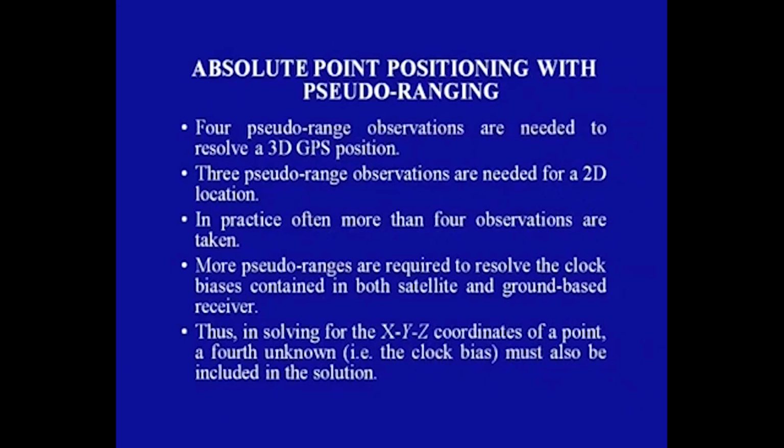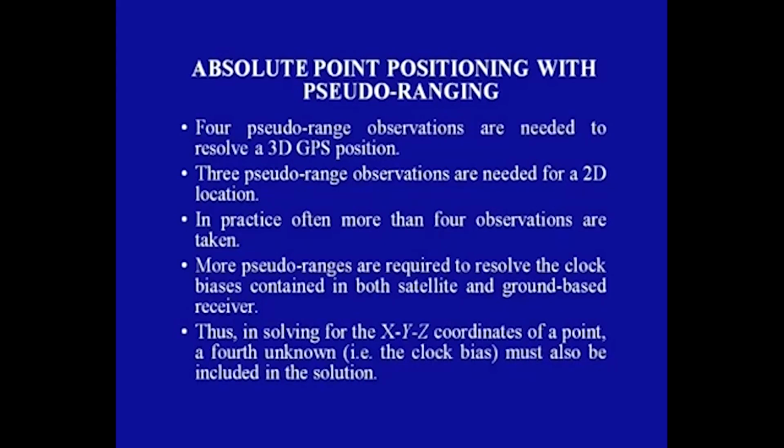Here, 4 pseudo range observations are needed to resolve a 3D GPS position, that is x, y and z. 3 pseudo range observations are required for a 2D location; that is, if z is not required, then we can go for 3 pseudo range observations.